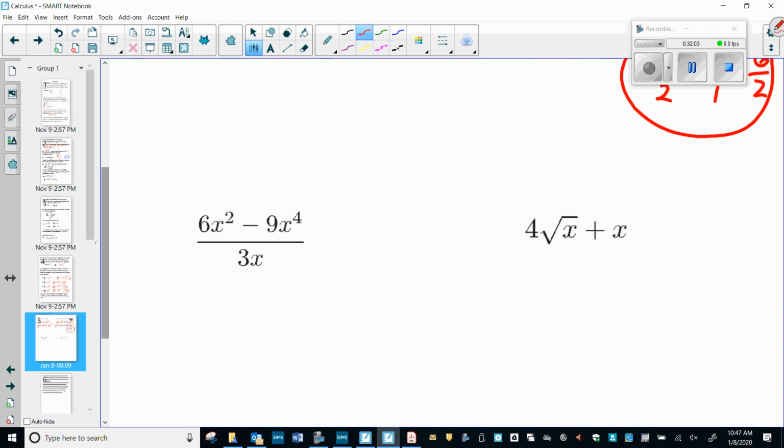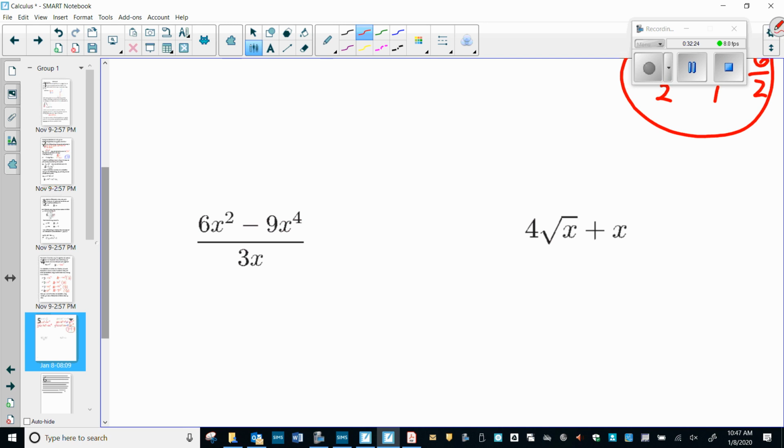Things like this. Again, it's always tricky to know whether they're going to come up or not, but I wanted to go through some just in case. If you have anything like this, both of these two terms have a denominator of 3x. So if you have something that looks like this, what you need to do is split it first of all.